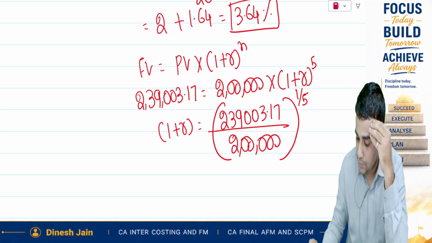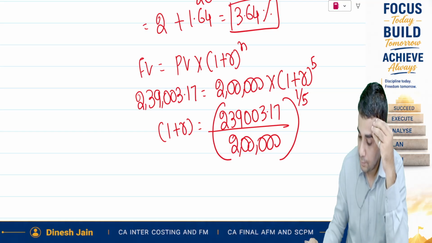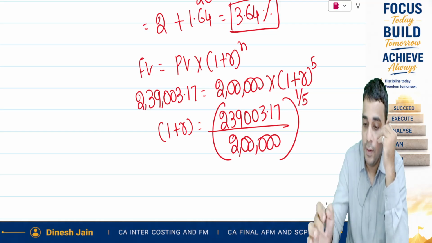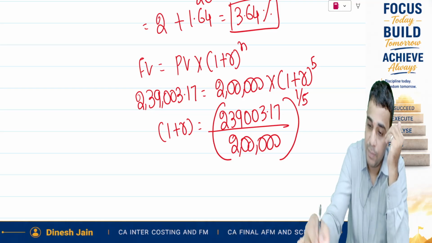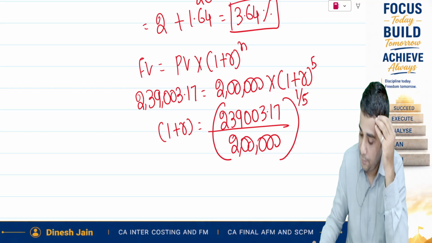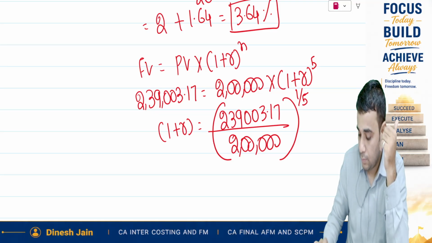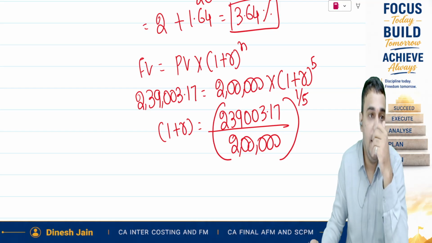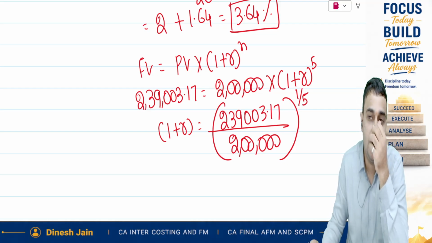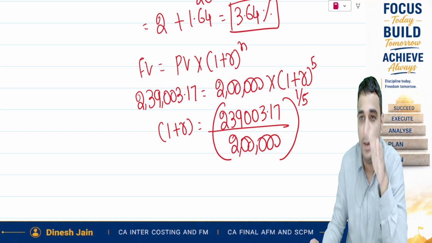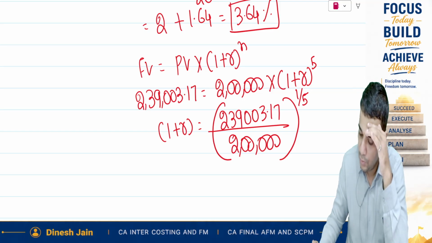Square root 12 times, minus 1, multiply with this number, 1 by 5 into 1 by 5 into 1 by 5 into 1 by 5, add 1, into equal to 12 times, into equal to.